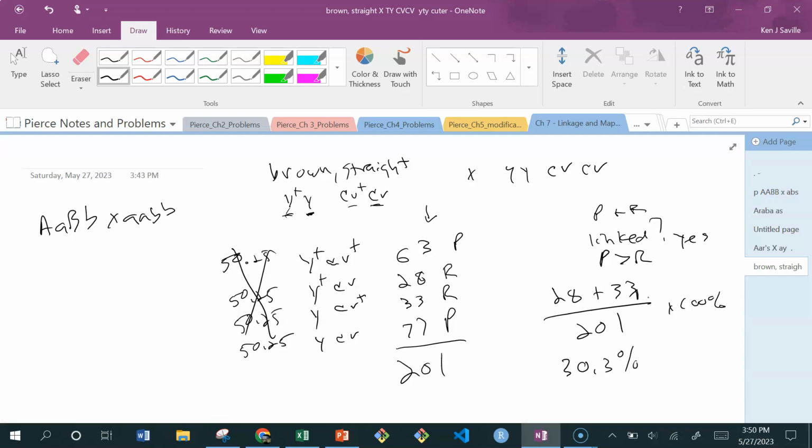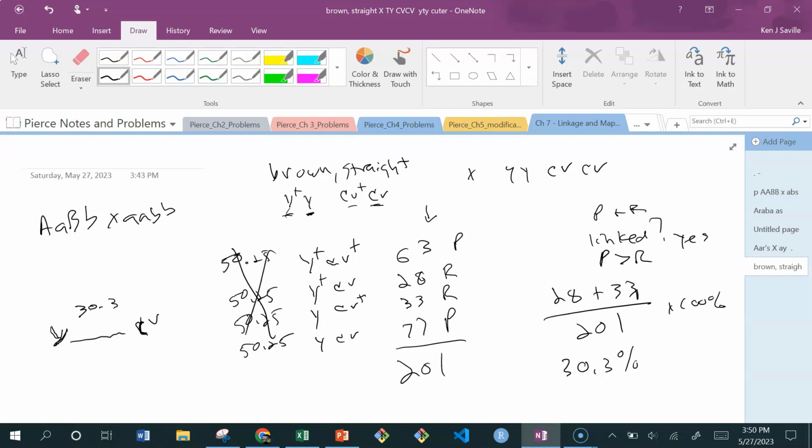So what we would say is that there's the yellow gene and the CV gene, and they are 30.3 map units apart on the chromosome. So that's how we can use genetic linkage to determine how close things are on the chromosome.